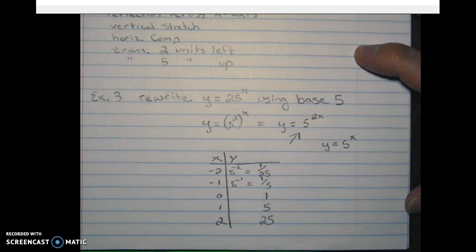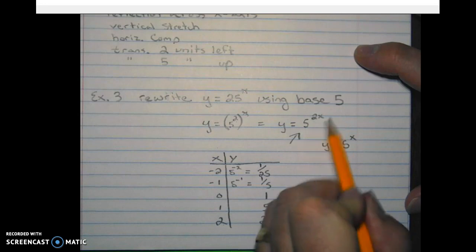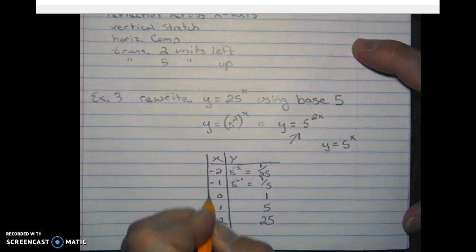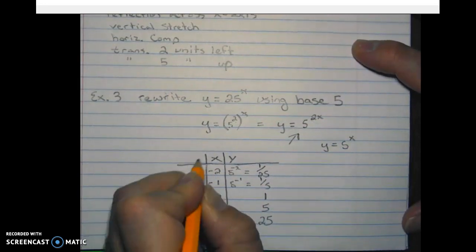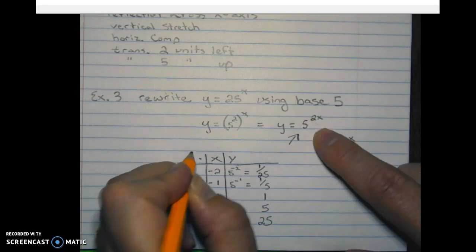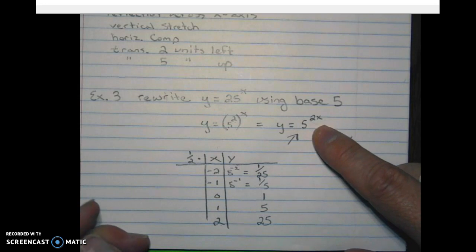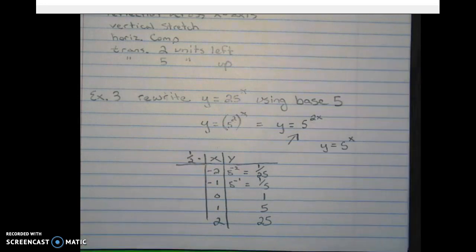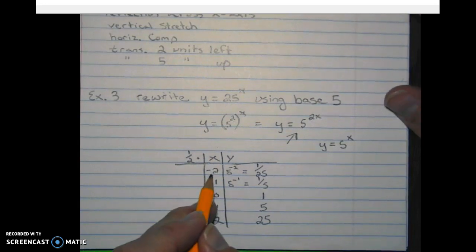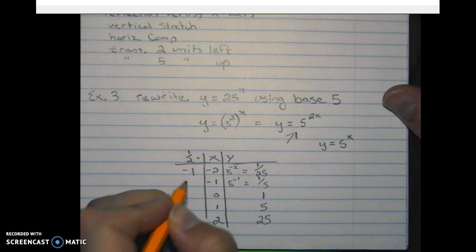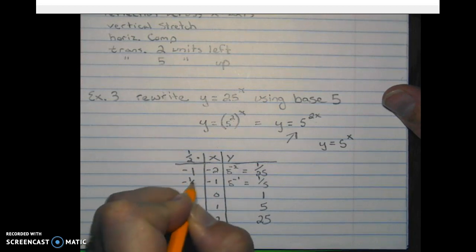Now what about our transformation? Well, we have a horizontal compression, so we want to multiply all our x values by 1/2. Remember, horizontal is the opposite, so if it's times 2, then we need to take half of all our x values. So taking half of all our x values, we get negative 1. Half of negative 1 is negative 1/2.